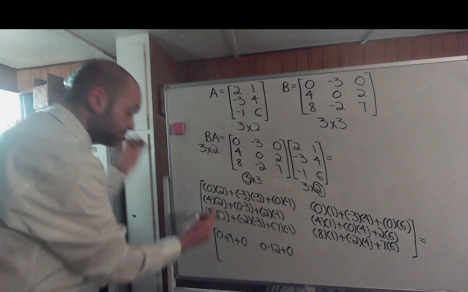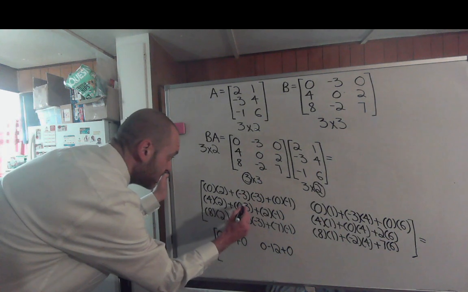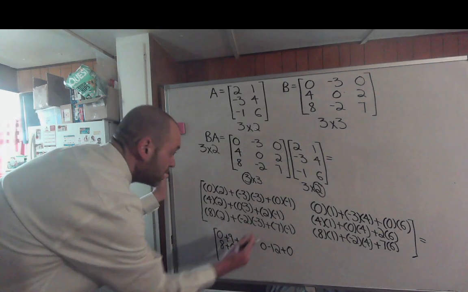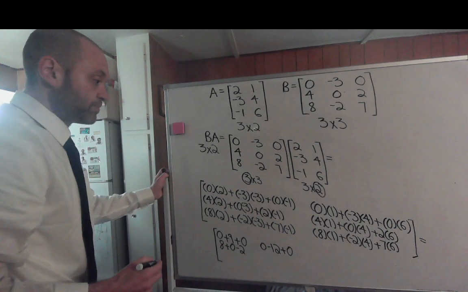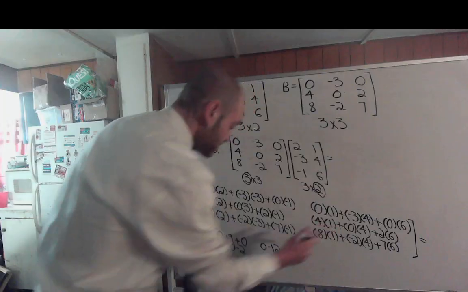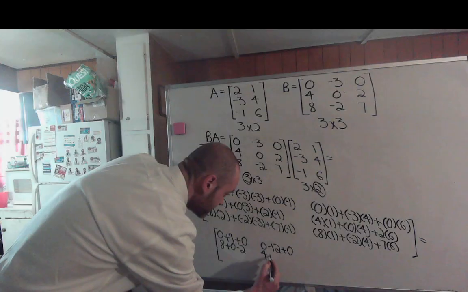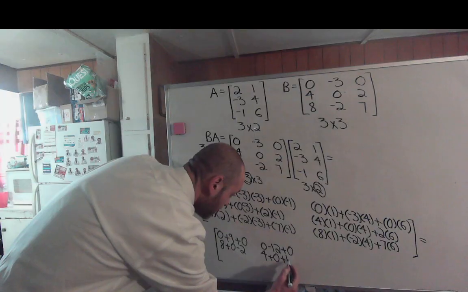Alright, 4 times 2 is 8, plus 0 times negative 3, which is 0, plus 2 times negative 1, so that'd be a minus 2. Alright, next number, 4 times 1 is 4, plus 0 times 4 is 0, and then plus 2 times 6, that's plus 12.